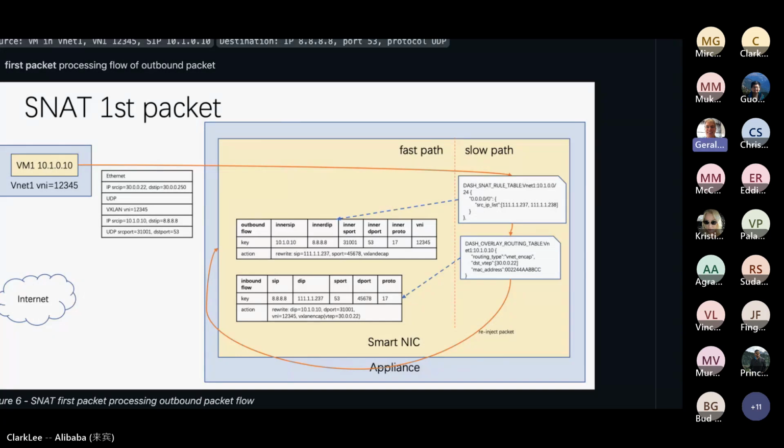But I'm not saying that the flow table should have exactly the same match field, same action field, right? I think that depends on use case by use case. But some fundamental data structure of the flow table should be aligned. Therefore, the investment of the whole community on Dash can be reused.